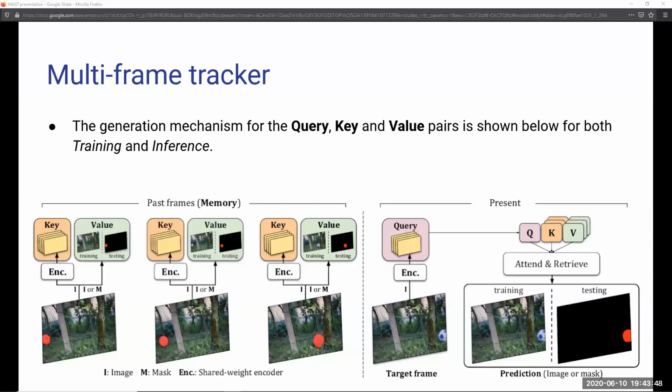Thank you, Randy. So, more on query, key and value. We'll learn here the method they're using. It's a multi-frame tracker, or in a sense, the way that they're propagating the mask and using information from previous frames. Models treat keyframes as memory, which are shown as K here.